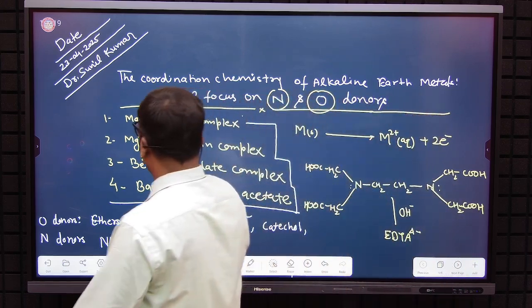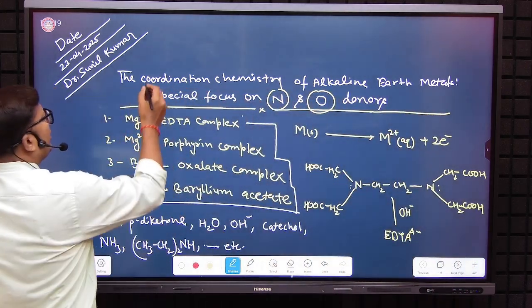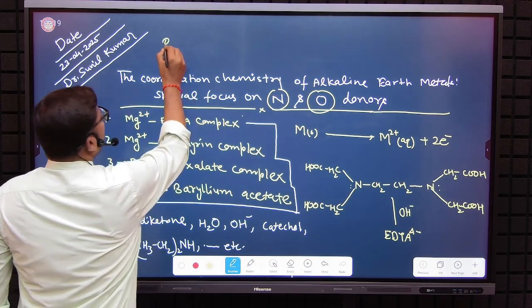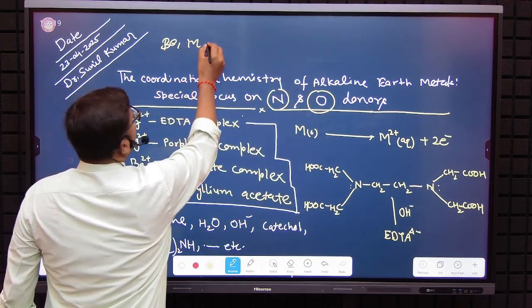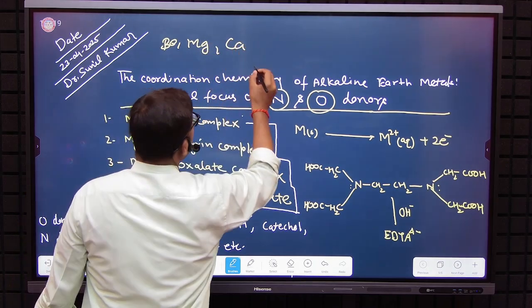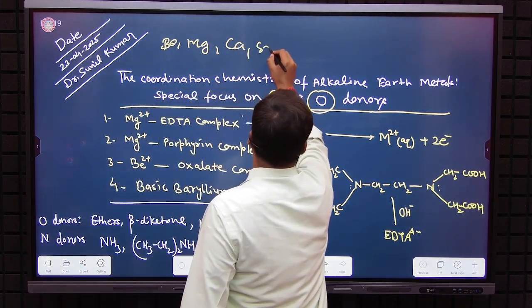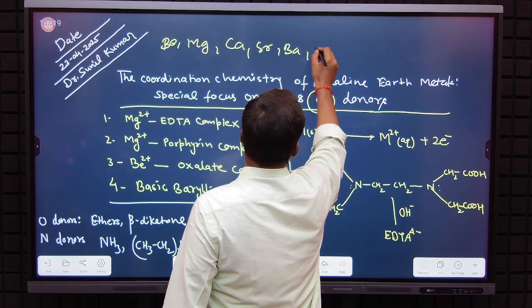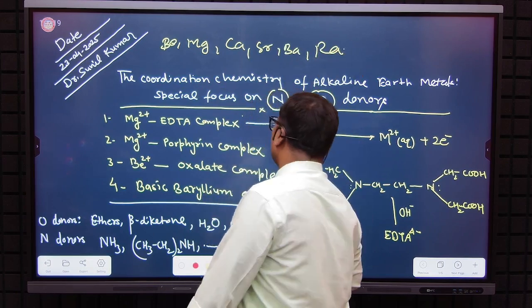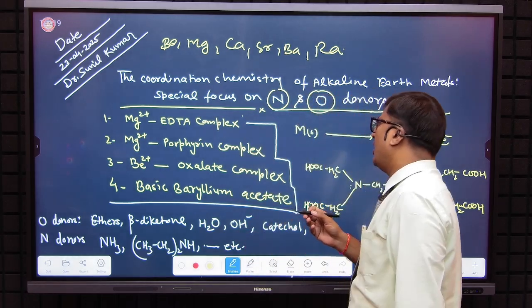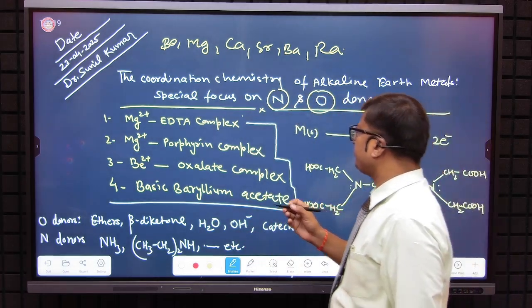As you know, alkaline earth metals are beryllium, magnesium, calcium, strontium, barium, and radium. So this is the group of all alkaline earth metals.